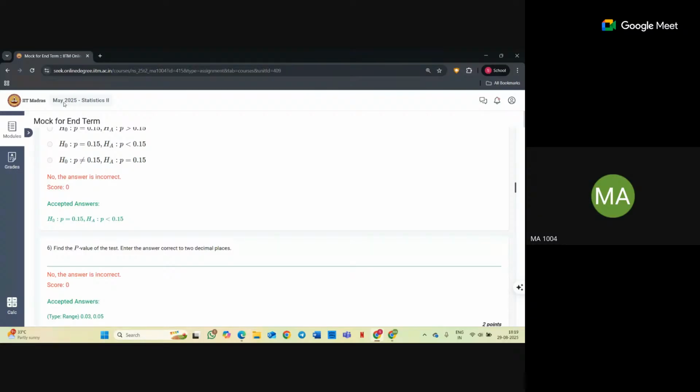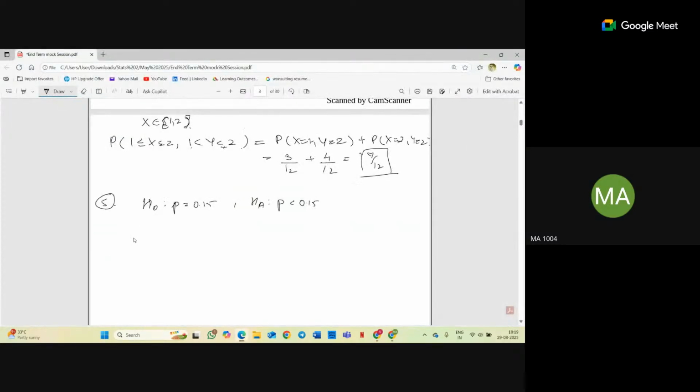What do you mean by the P value? P value is the value of alpha at a given value of C, basically the lowest significance value. According to the C value, we have to check the value of alpha.